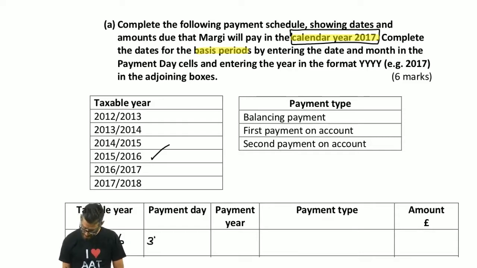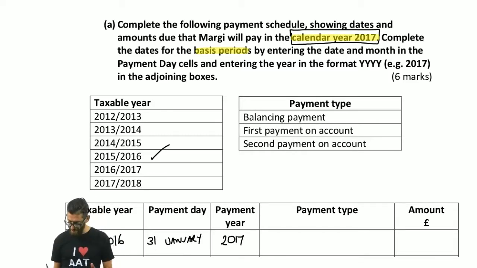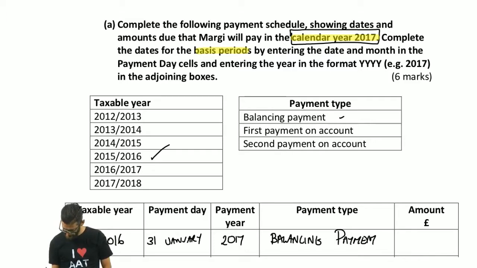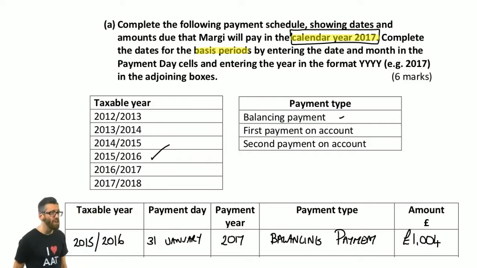The payment was the 31st of January, and the payment year was 2017. And the payment type, well, it was a balance in payment. And how much was it for? It was for 1004. So there is our first entry.